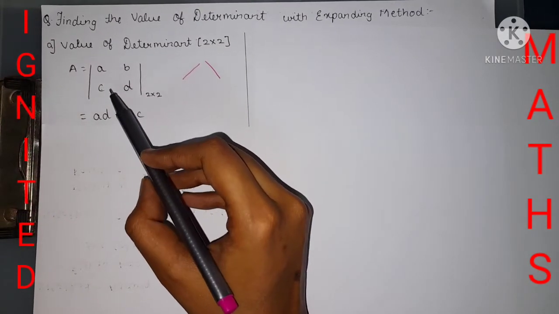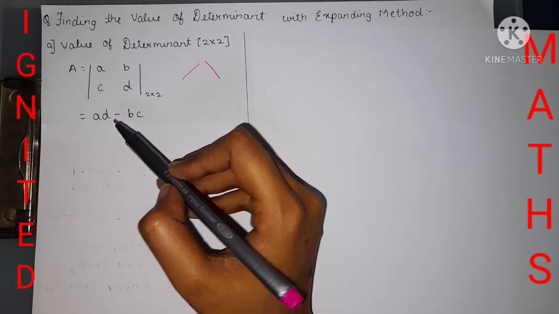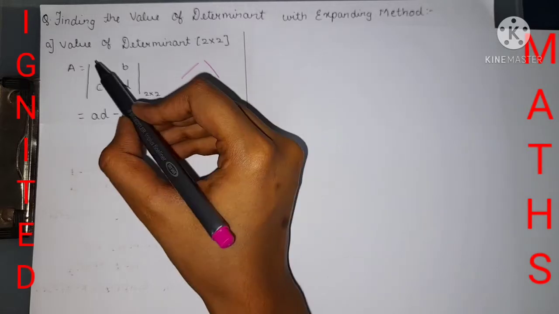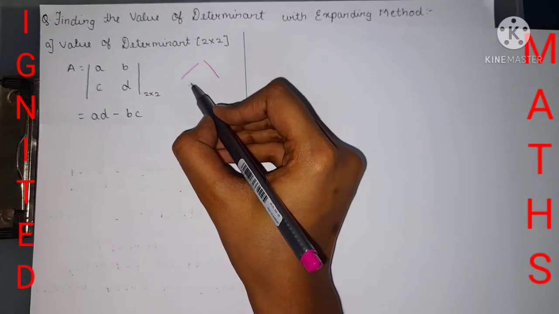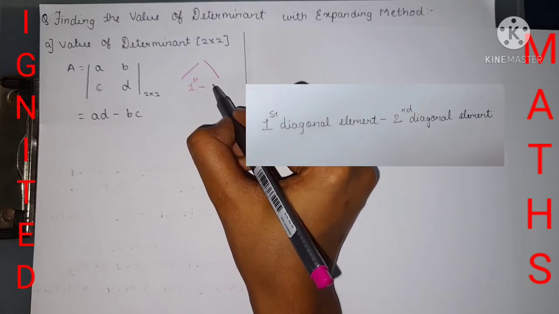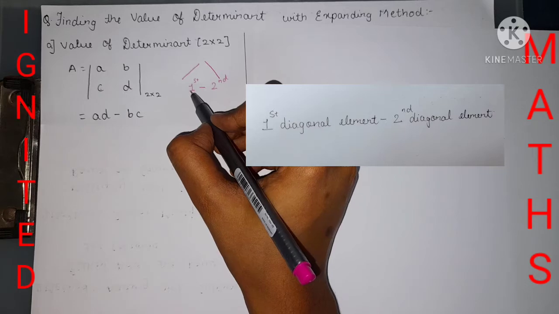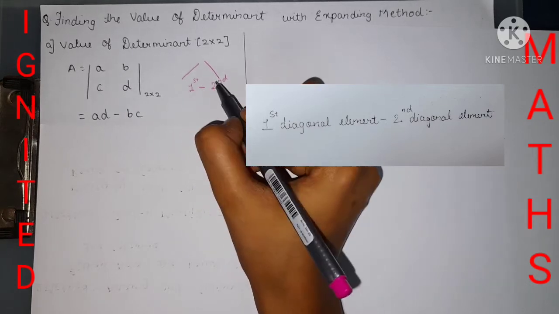Now we are going to find the value of the determinant of 2 cross 2. For finding the value of the determinant of 2 cross 2 we need to multiply the first diagonal element and subtract with the second diagonal element, right? First diagonal element, subtract with the second diagonal element.